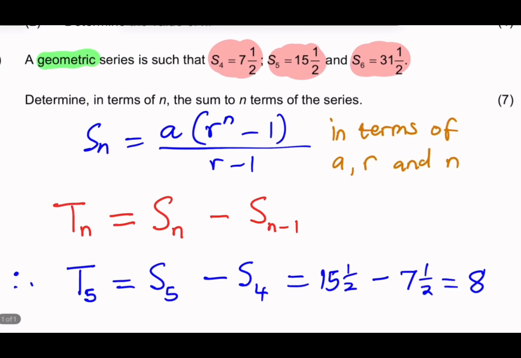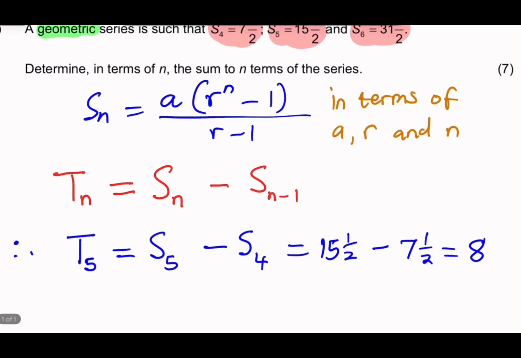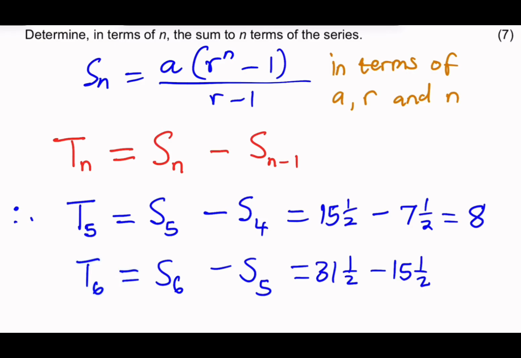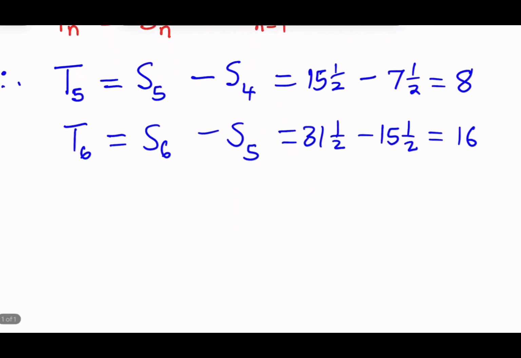It's 31 and a half if you look at the top of the screen. So we can get T6 using the very same red formula. T6 is the same thing as S6 minus S5. This is 31 and a half minus 15 and a half, and that's obviously 16. So this gives you term 5 and term 6. That's great to have.